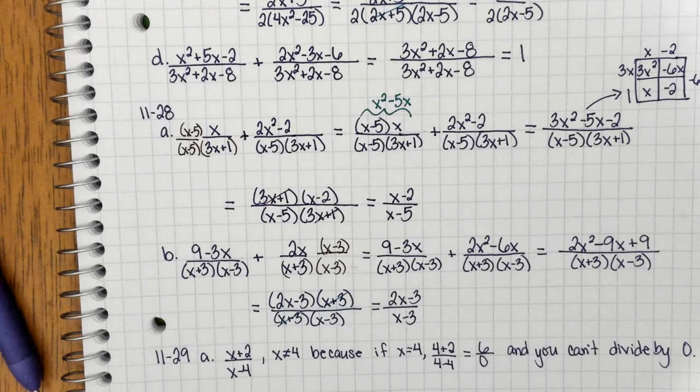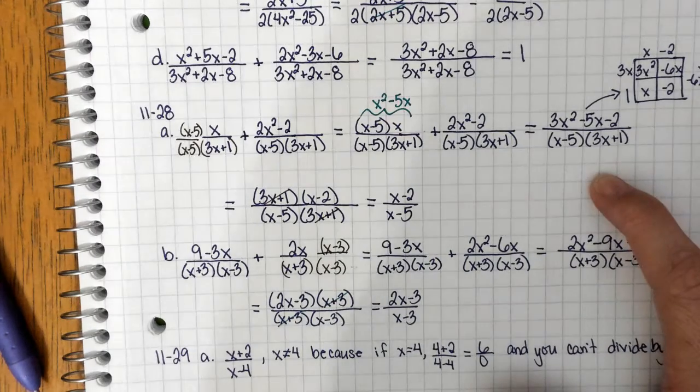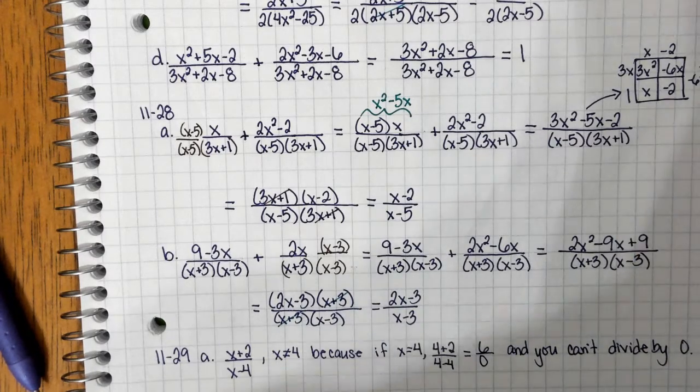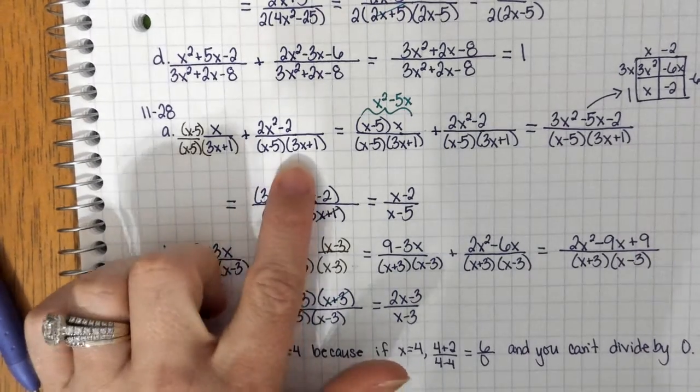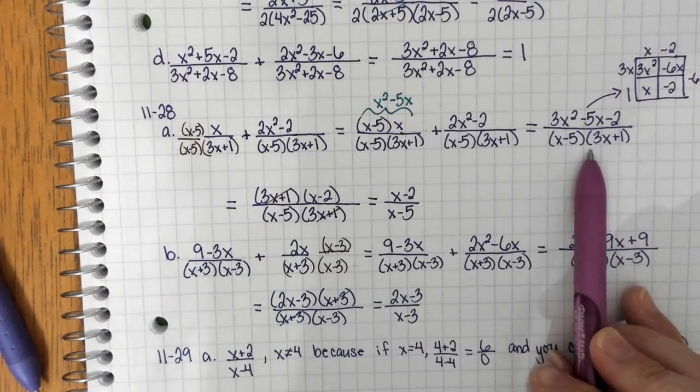What part B wants us to do is state the excluded values for problem 28. So looking back here on part A, these were my factors in my denominator.